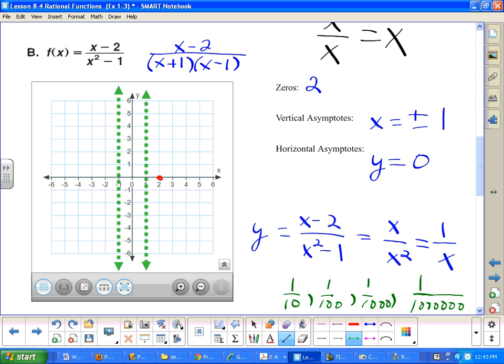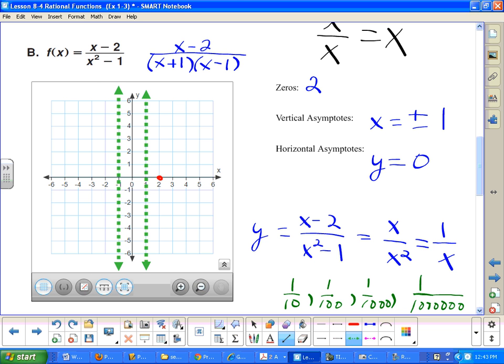There's 3 sections, right? To the very far left of the asymptotes, between the asymptotes, and to the right of the asymptotes. And so I'm going to have 3 parts to my graph. Well, I have 1 zero here at 2. That helps me a little bit.